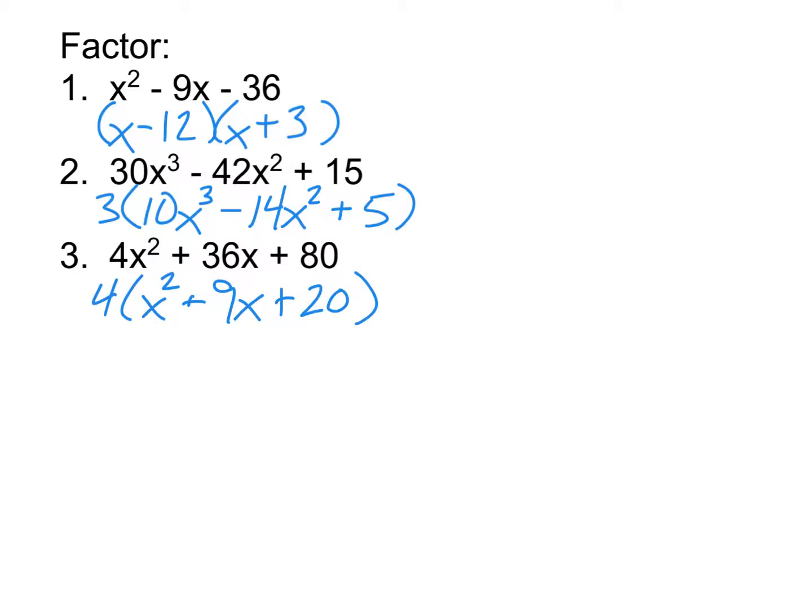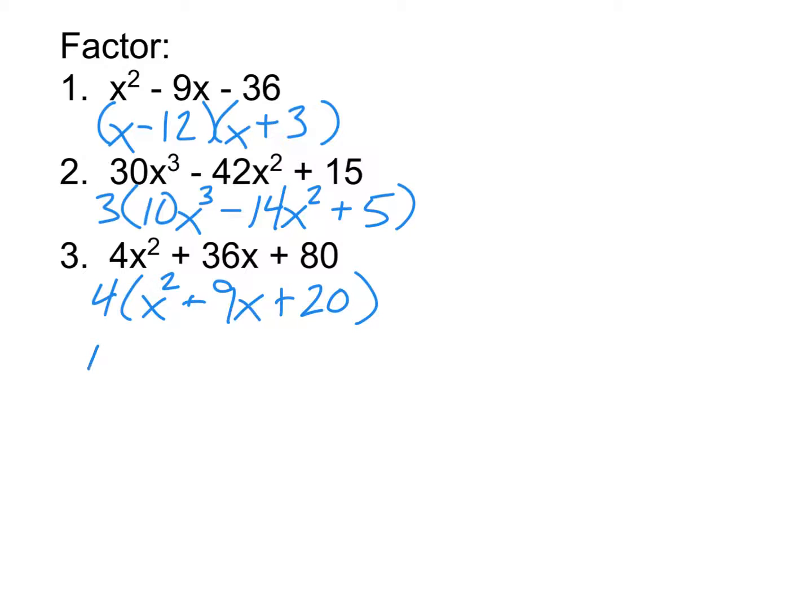All right, having done that, I'm going to look inside the parentheses, see if there's anything else I can do. I can't divide all three of those terms by the same number. But notice it is a quadratic. And since it's a quadratic, I can factor that one out a little bit more.